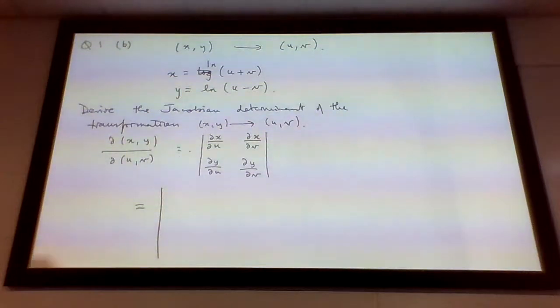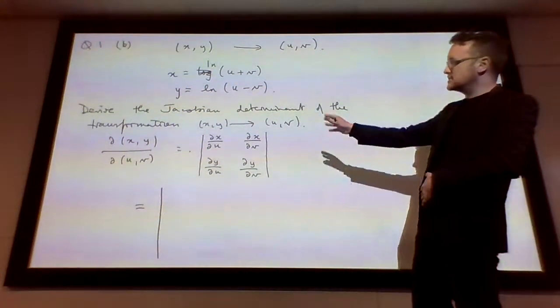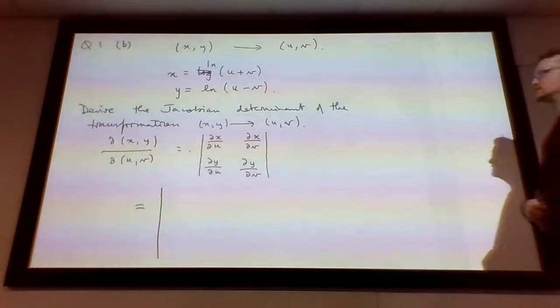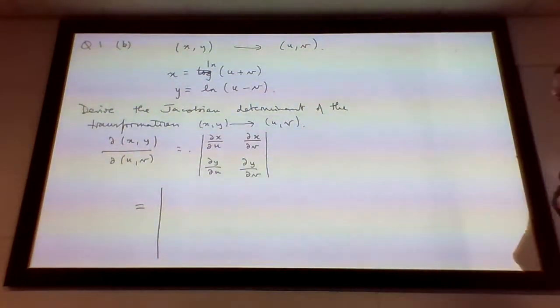So this is assessing your ability to know the definition of the Jacobian, to be able to work with it, and in so doing, to be able to take partial derivatives of various kinds. So we're differentiating, in each case, the logarithm function, the logarithm of either the sum or the difference. So we'll need to employ the chain rule, maybe, for when you've got the minus sign appearing.